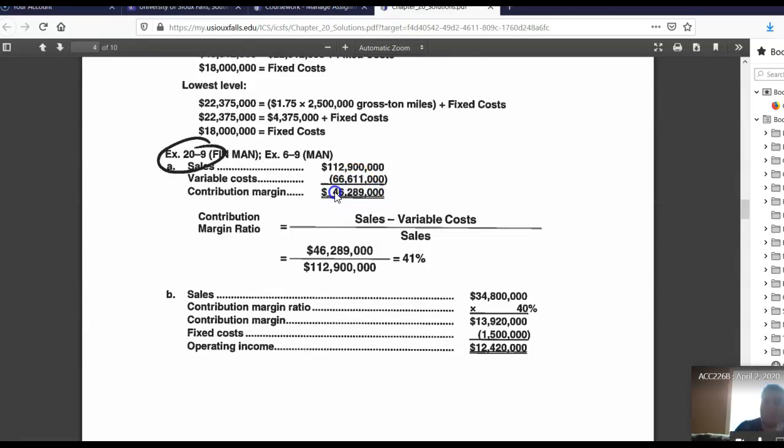This number is what has to pay for or cover all of our fixed costs. So the ratio is no big deal. It's 46,289,000 divided by 112.9 million, and that tells us our contribution margin ratio is 41%. Another way to say it is for every dollar we sell, we make 41 cents, and that 41 cents is what has to cover all of our fixed costs.